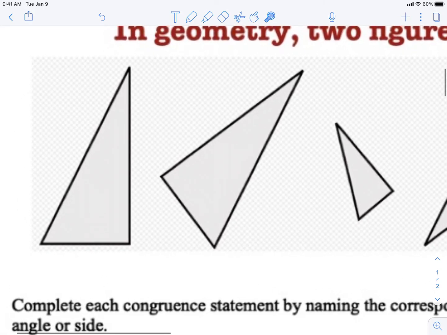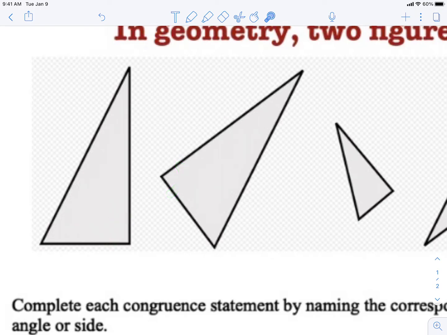Now, there are two ways in which we can identify triangles as being congruent. It's by angles, which are on the inside of the triangle, and it's also by sides. This side is the same as that side, the one by the 90 degree.